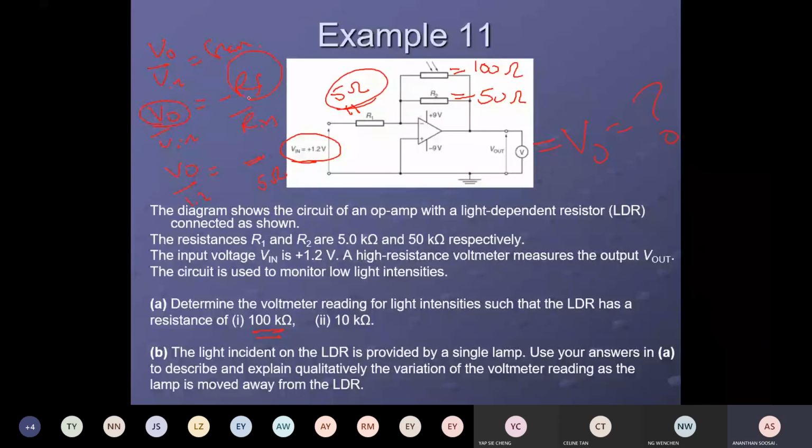RF is now the difficult one. RF how much? The 100 and 50 are connected in parallel, so you find the effective resistance: 1 over 100 plus 1 over 50, reciprocal. That should be RF. Then you can find the V out.